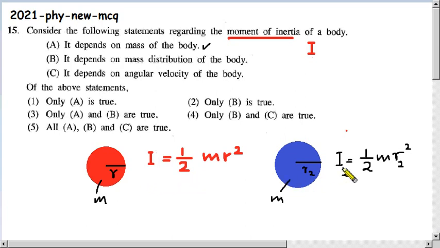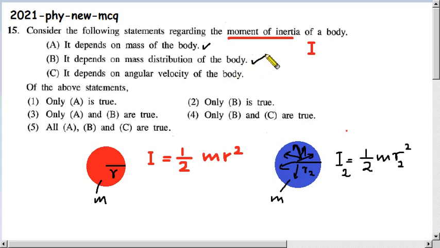So the radius changed, keeping the mass same, but the moment of inertia changed. So the distribution is higher. Therefore, it depends on mass distribution of the body.